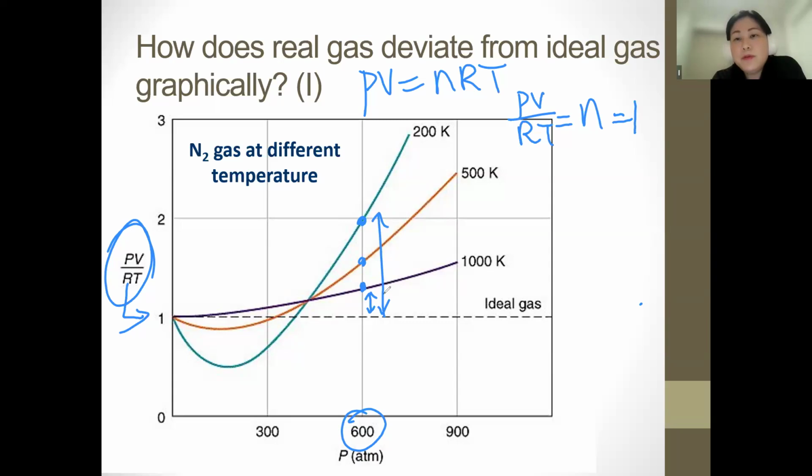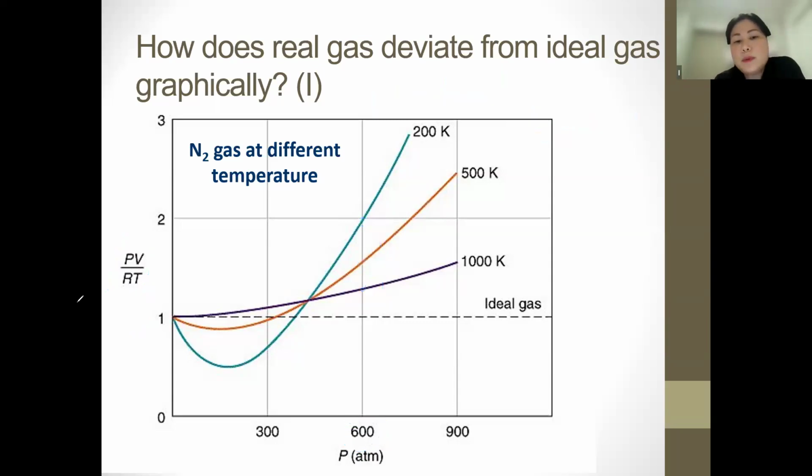When I'm very far away from the ideal gas, it means I'm deviating from the ideal gas. So you can see in this example that the higher the temperature, the closer the line is to the ideal gas line, so the gas is behaving more ideally. All right, so that's how we interpret the temperature part.